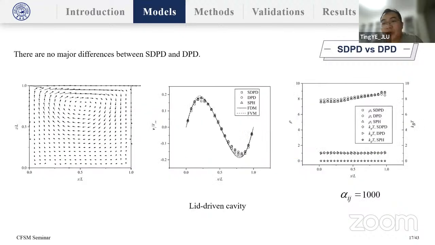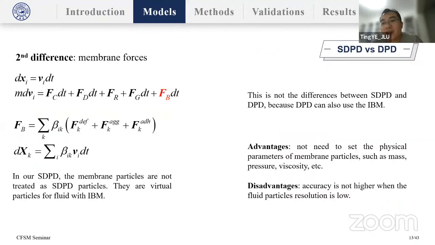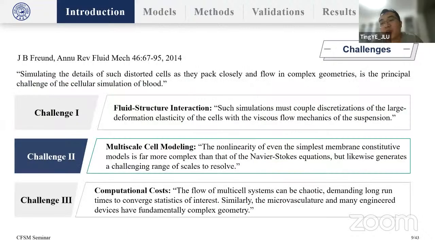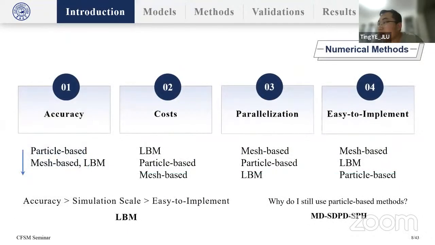That's because our start point is always that we want to perform multiscale simulation. For example, we want to simulate from molecular scale, such as cell membrane and cell membrane proteins, then go to this SDPD work, and then go to a large-scale SPH work. So we use this particle-based method.